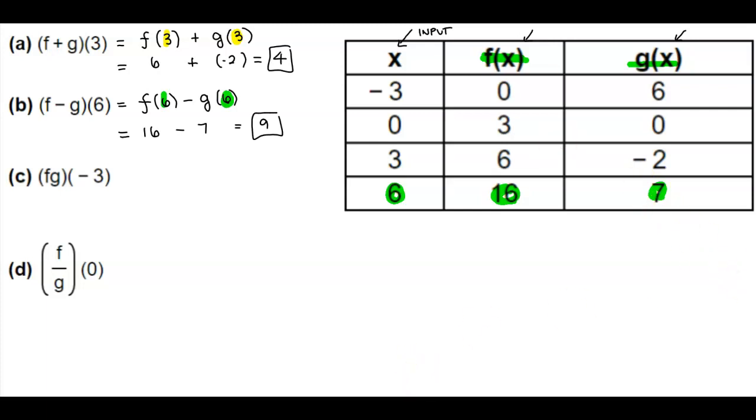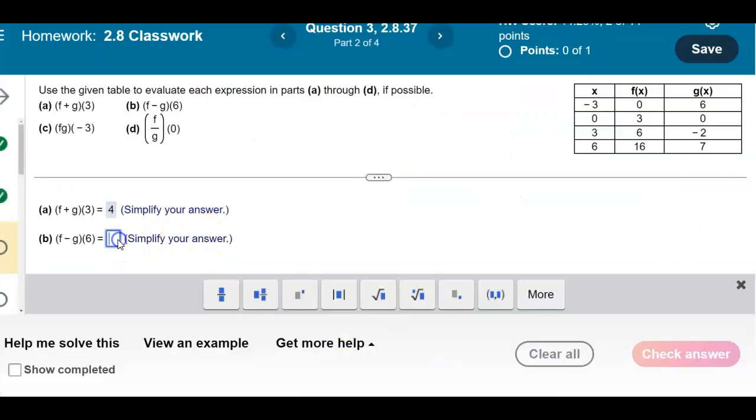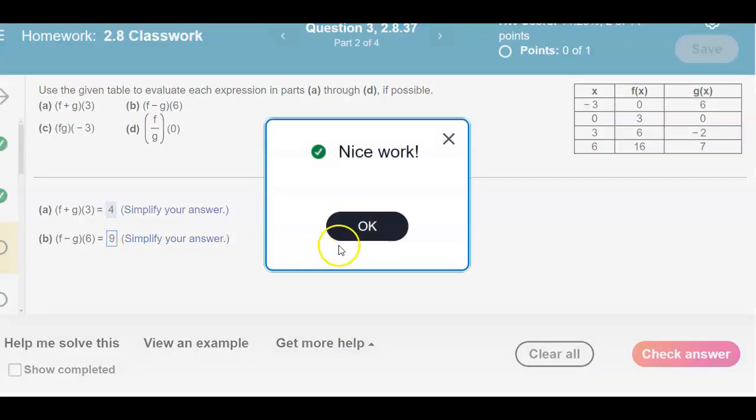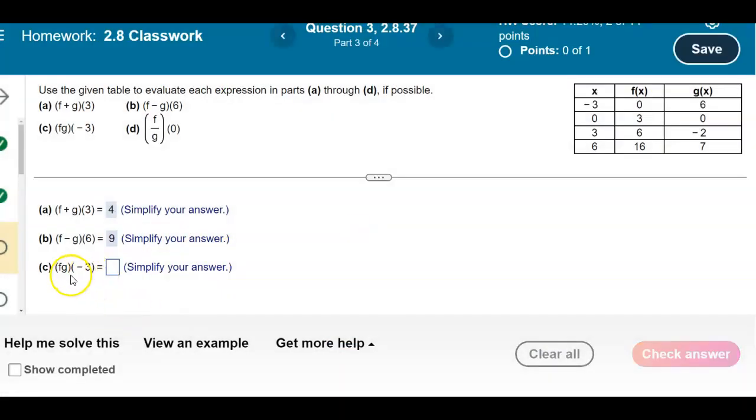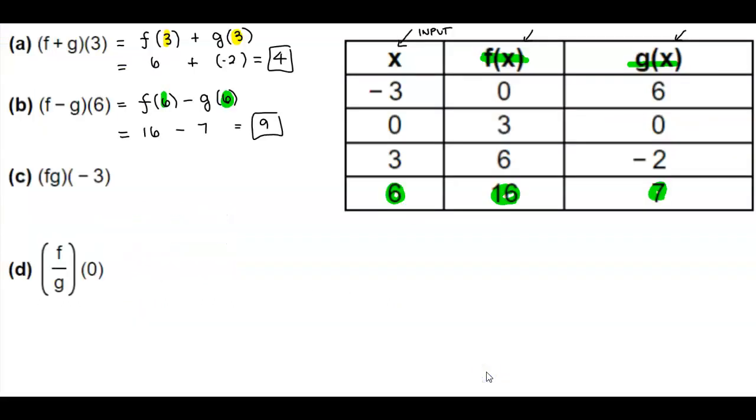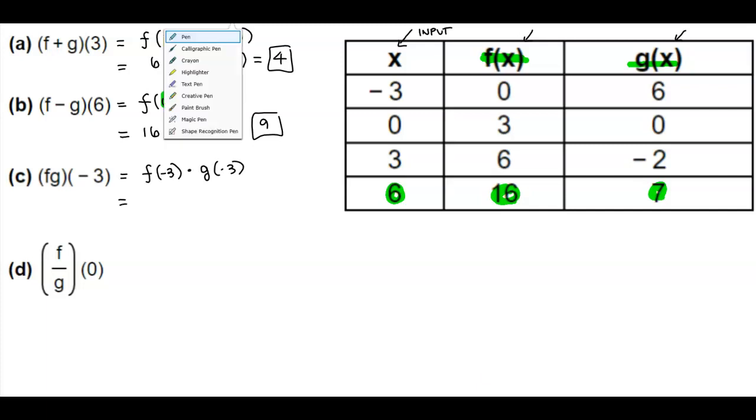So let's go ahead and put our answer to be 9 here. And there's our result. Okay, now let's take a look at f times g of negative 3. So the definition means that you're going to take f of negative 3, and you're going to multiply it by g of negative 3. Okay, so when the input is negative 3, the output is 0.